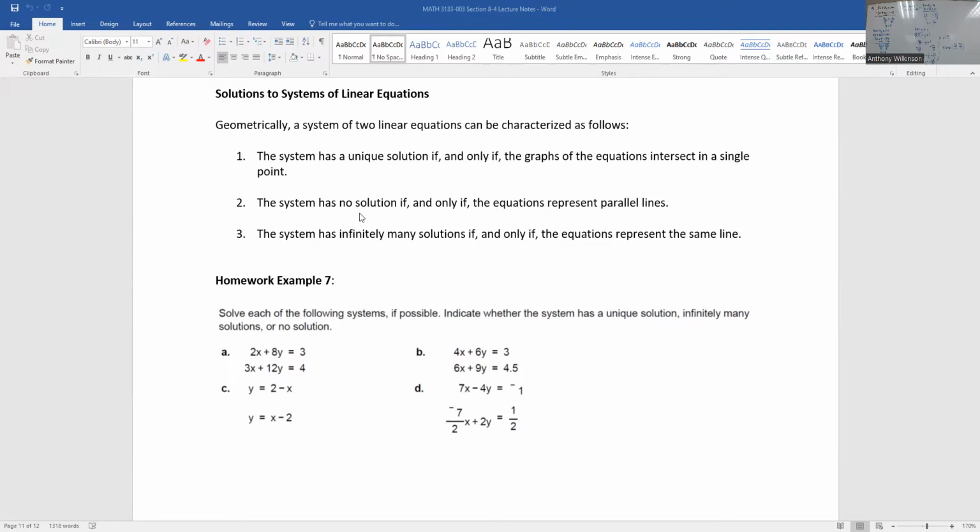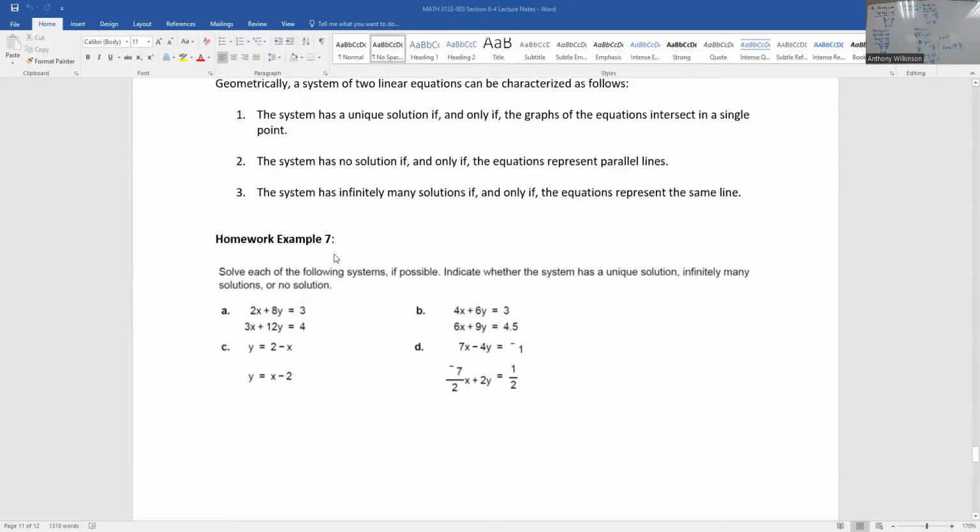That means that the two lines are going to be parallel. And if the slope and the y-intercept are the same for both, that means the system will have infinitely many solutions. That means one line will lie on top of the other, like in this example here.